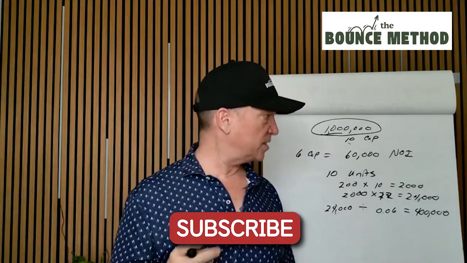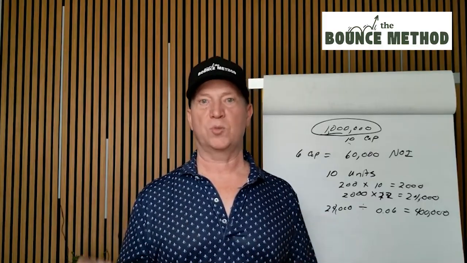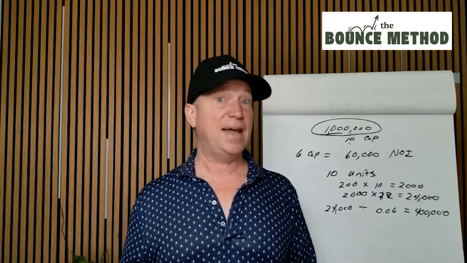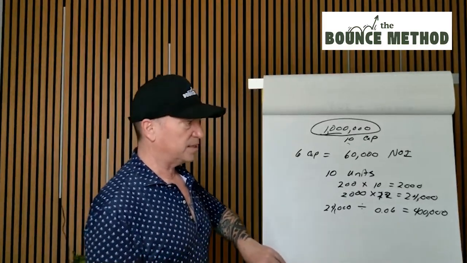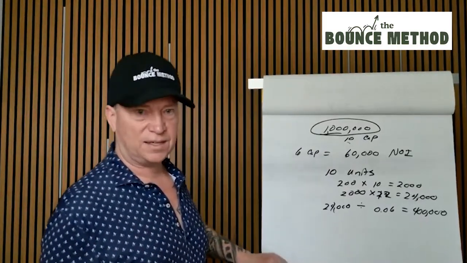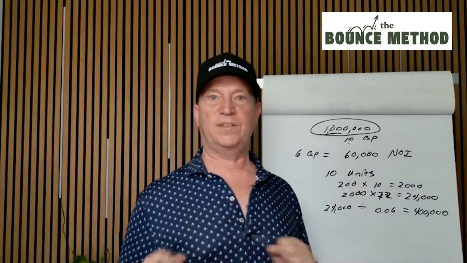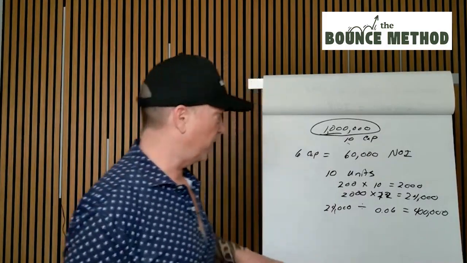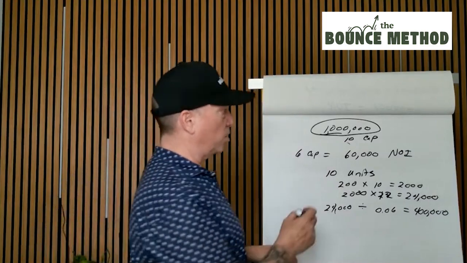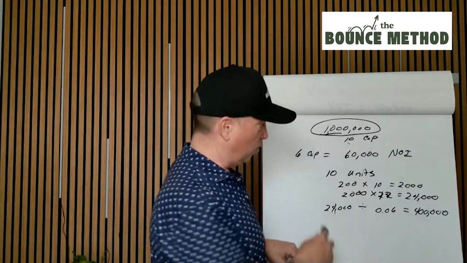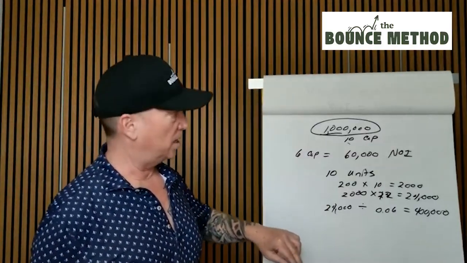Now, this is a very, very simplistic view of how this works. Let's get a little more technical here and look at this a little differently. Let's now talk about if we had put down $250,000 on this. We're going to keep the $1 million purchase price and the 6 cap, and assume that we raise our rents by $200 a piece.